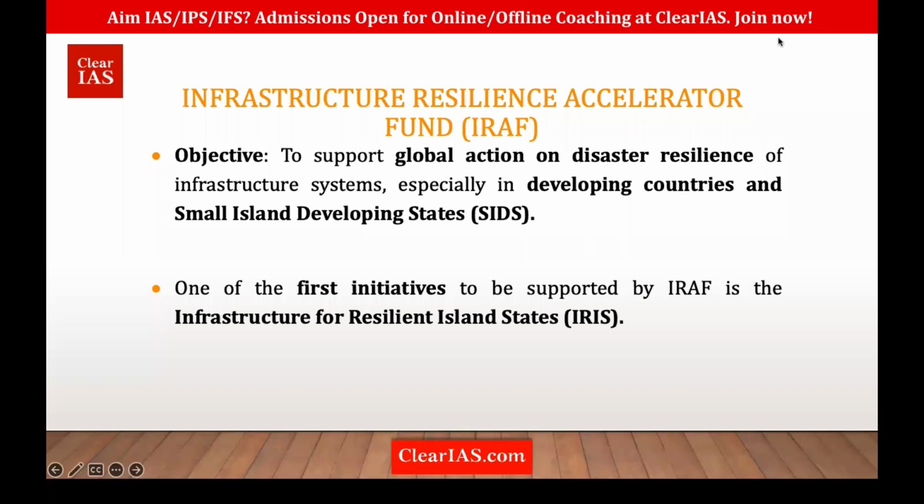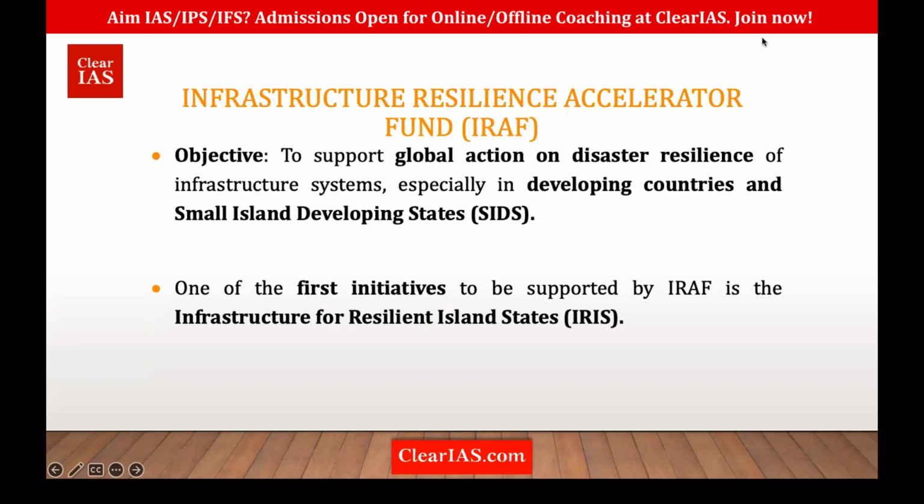This IRIS group also was formed on the sidelines of CDRI, under the Coalition for Disaster Resilient Infrastructure. So IRIS is basically a group of island states which face climate risks, and India was stressing the need to create resilient infrastructure in such states.